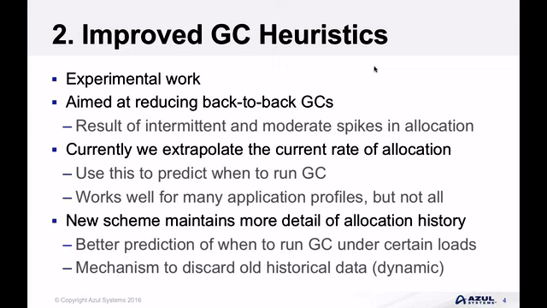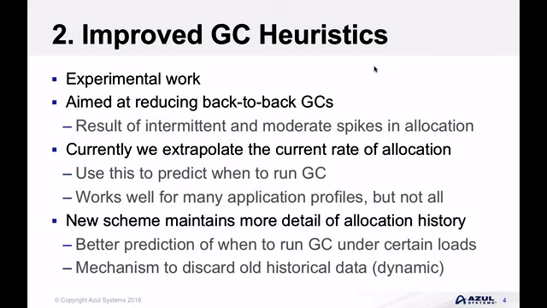At the moment, we take a fairly simplistic approach, which is to look at the rate of allocation of objects, and we use that information to predict when we're going to need to run the garbage collector next. So we can set up the garbage collector to run. It runs concurrently, so we can still do work for your application, but it's, as I say, a fairly simplistic approach, which works very well in most applications.